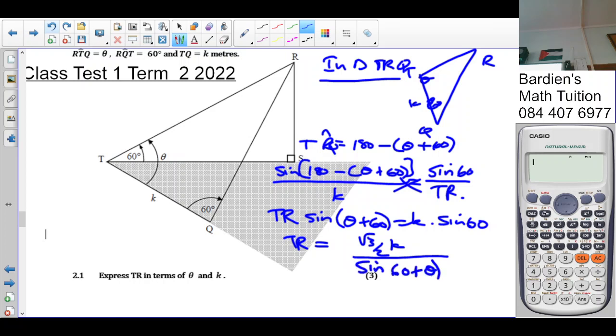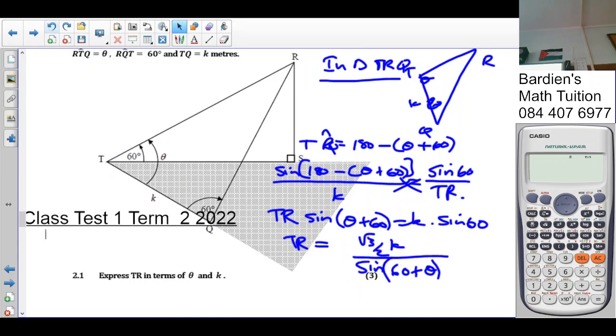If you had expanded it using your compound angles, you would have gotten them all. If you have written that as 3K over 2 sine of 60 plus theta, of course you get the mark. But that suffices at this point.